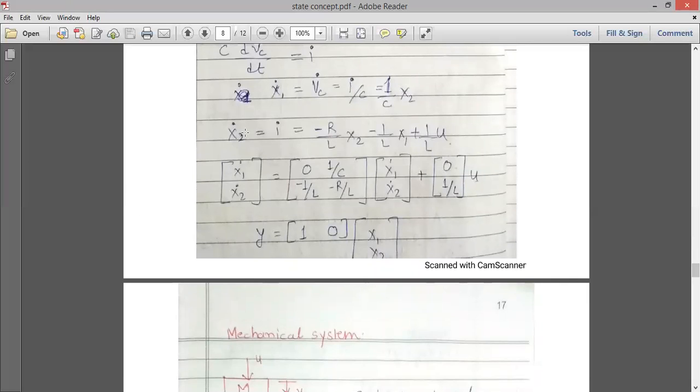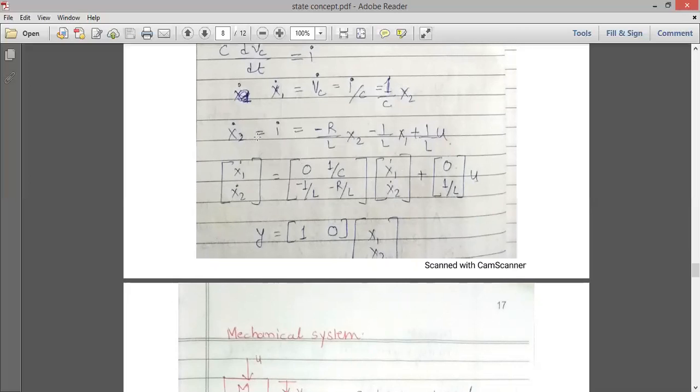Now in the state equation, we know the vector of x1 dot and x2 dot is equal to, we have to represent all the coefficients in the A matrix. Using these two equations, we can get the state equation. So x1 dot equals 0, since x1 is absent in this equation, and 1/C into x2.